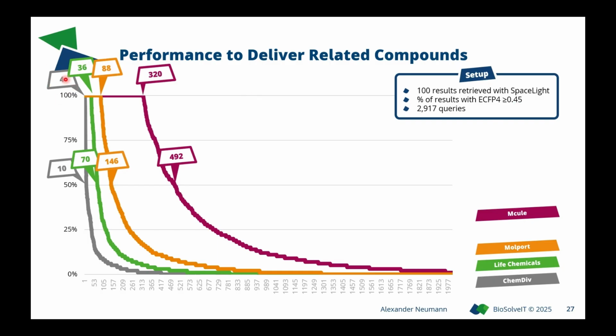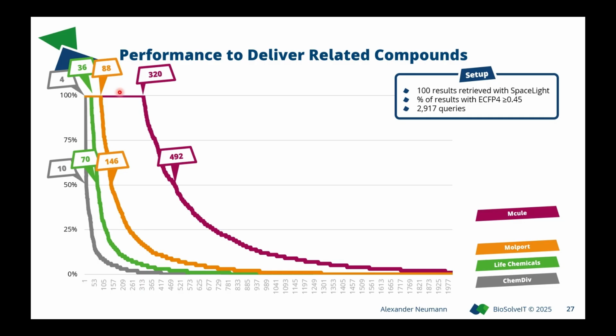Again, only 4 queries provided you with 100 results that had a score higher than 0.45. If you look at how many of them actually had 50 or more results with a score higher than 0.45, it was 10 for ChemDiff. And those numbers continue for LiveChemicals, Molport, and also MQL.